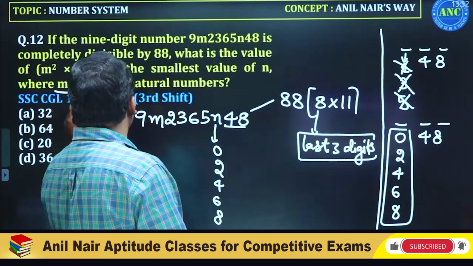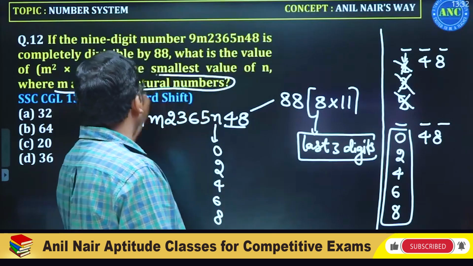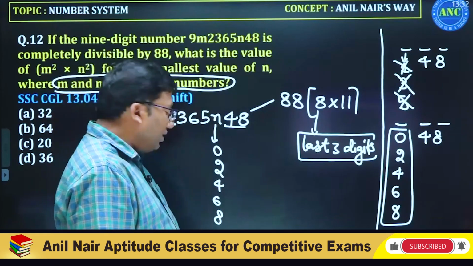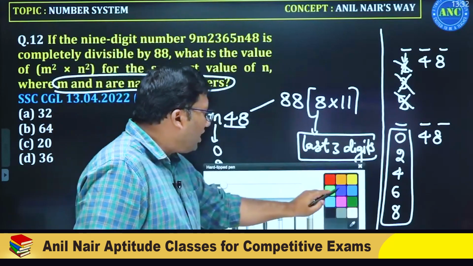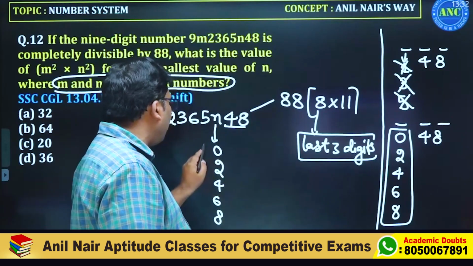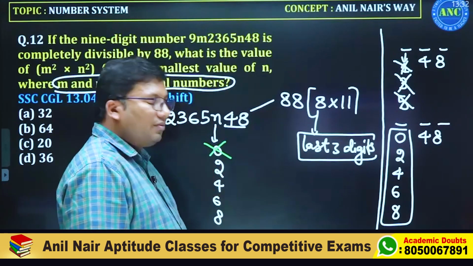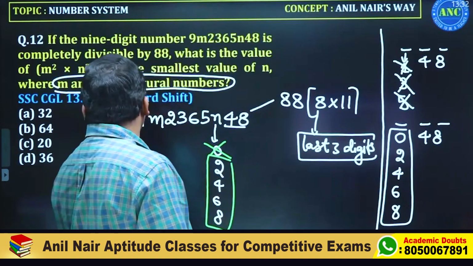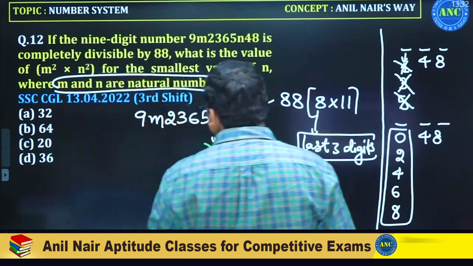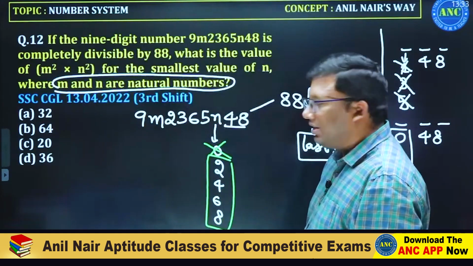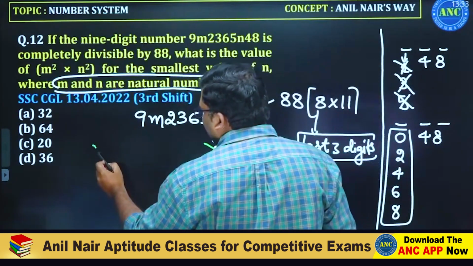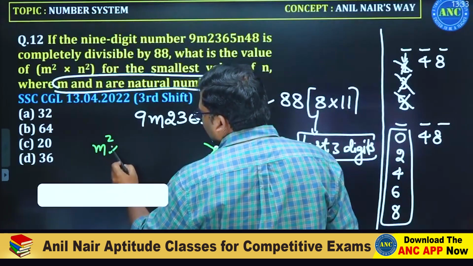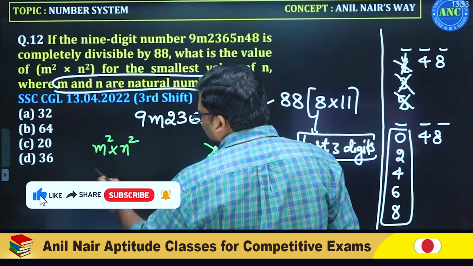It is clearly mentioned that m and n are natural numbers. Because m and n are natural numbers, n cannot be 0. N has to be either 2 or 4, or 6 or 8. Now if you see here, m square into n square, n is an even number.